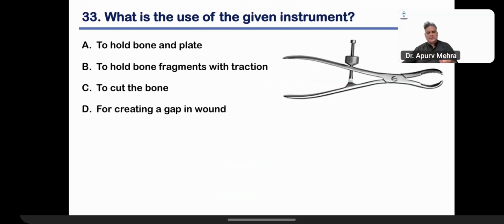What is the given instrument used for? It is the bone holding forceps, used for holding the bone fragments during fracture fixation.